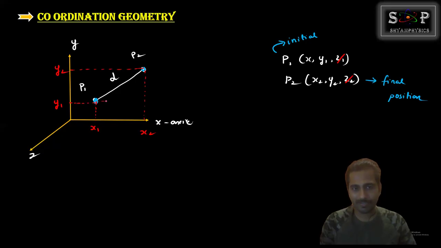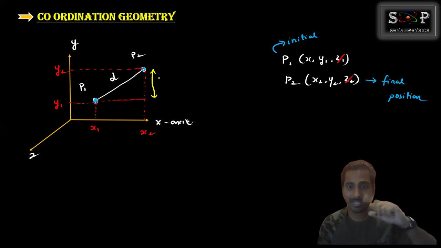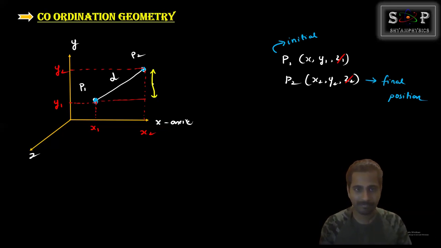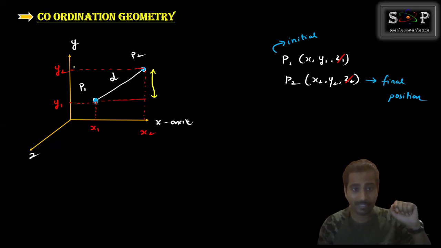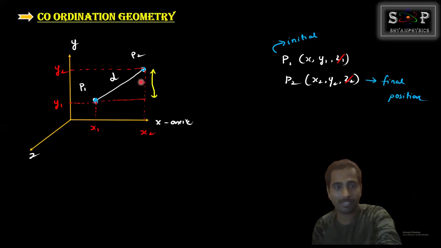Look at this one carefully. If I draw this line now, here this distance is actually the change in position on the Y axis, parallel to the Y axis. You might be understanding, right?